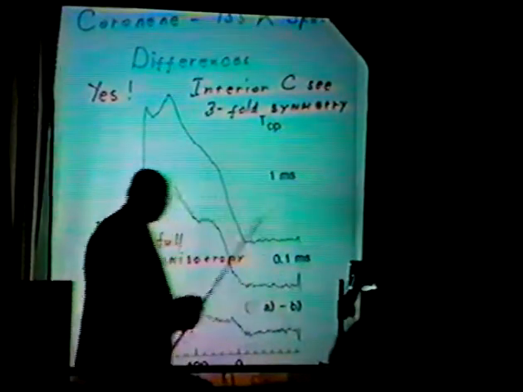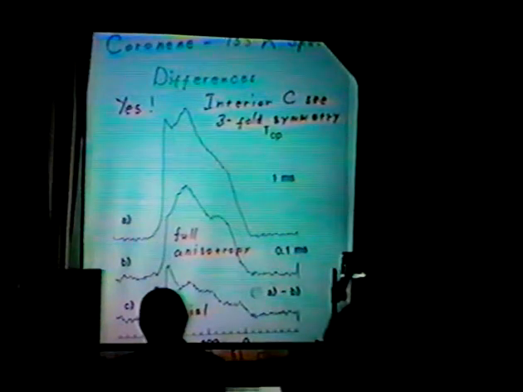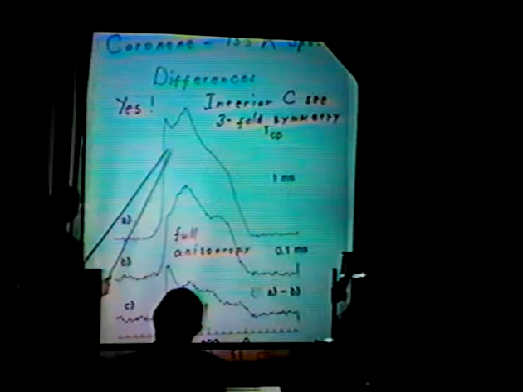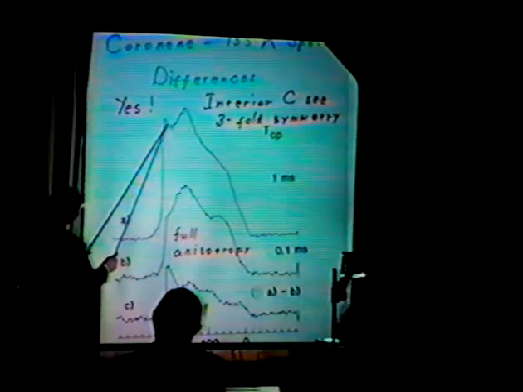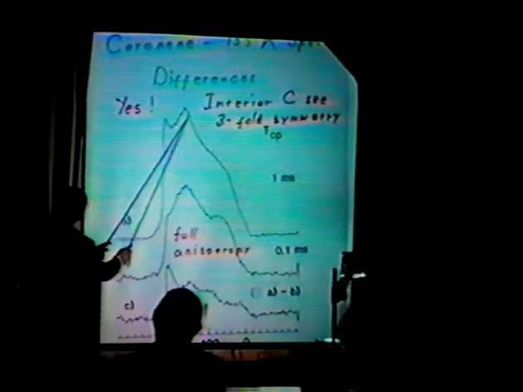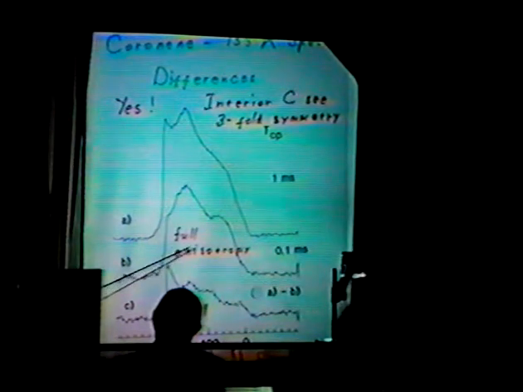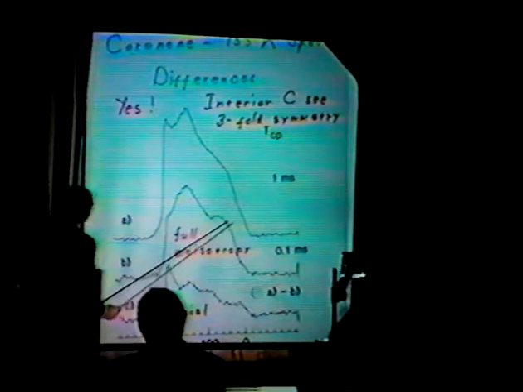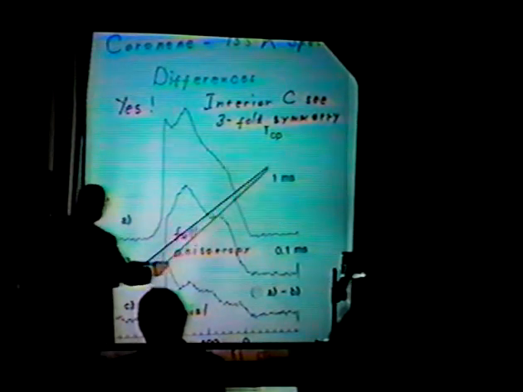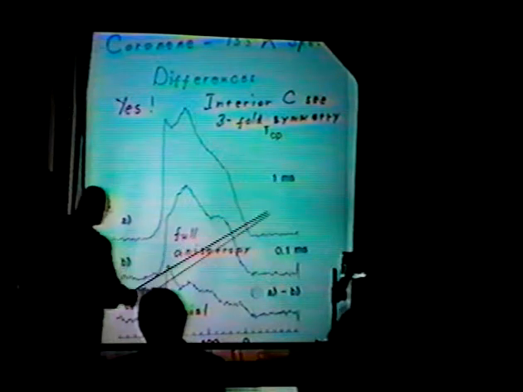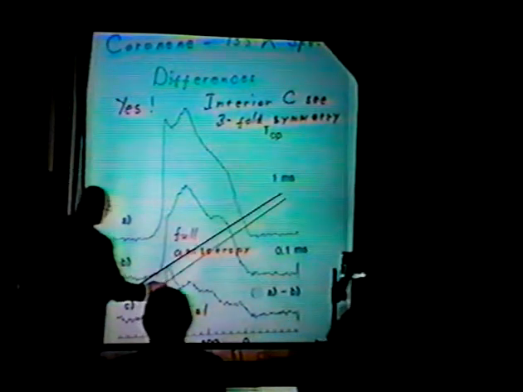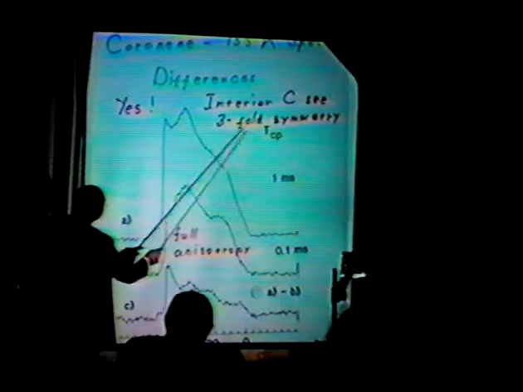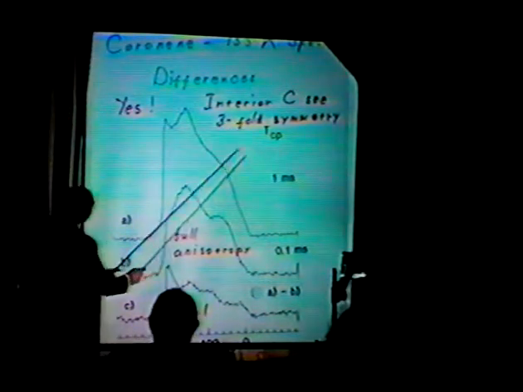And so here we have the spectrum at low temperatures where we stop the rotation. You can see that there's a sharp edge on this side. There also is the mark of the full anisotropy pattern. We can use different cross-polarization times to select those carbons that are near protons, because we're doing cross-polarization as part of this C13 experiment.